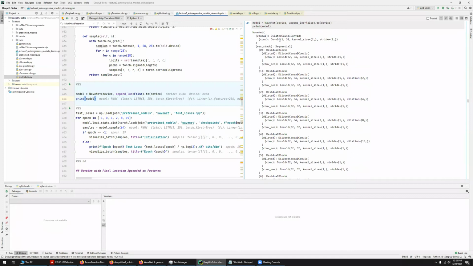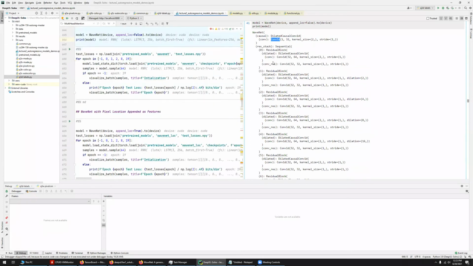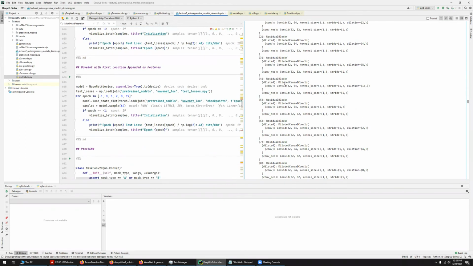But as you can see, everything is 1D convolution because Wavenet is designed for sound. I think in this case, since it's 1D, it's simpler, but at the same time, I guess the magic is usually in the dilated causal convolution 1D as opposed to the mask.